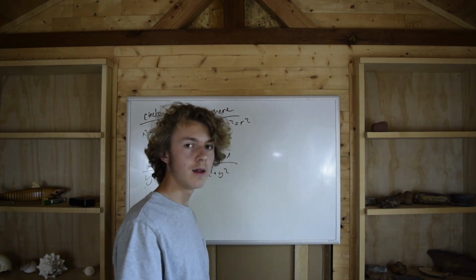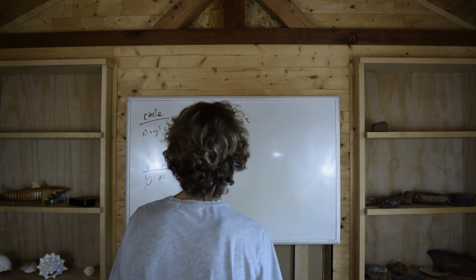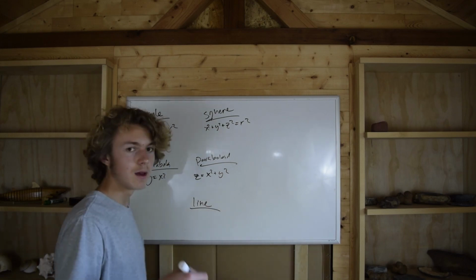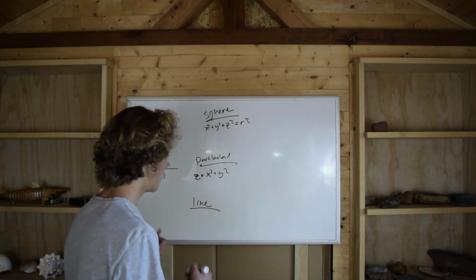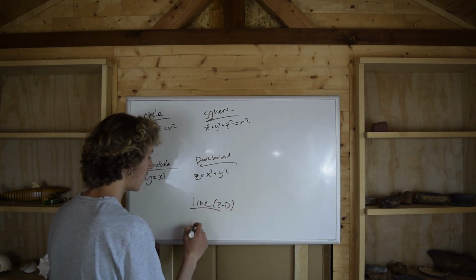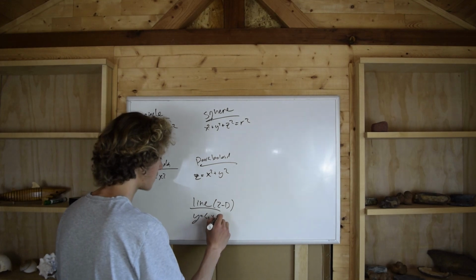I'm going to provide the example of a line versus a plane. So here we have a line, and I'm going to give a very general formula for a line. For a line in 2 dimensions, our formula is y equals some constant times x plus some constant.